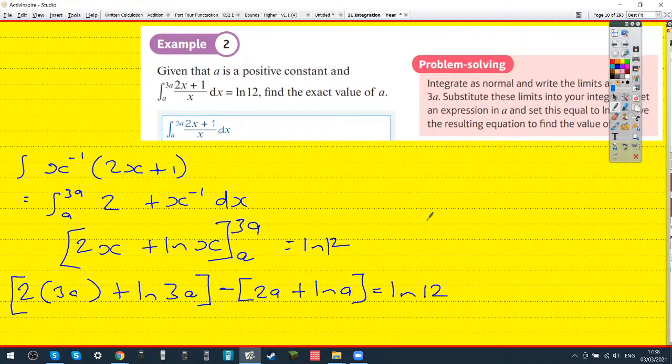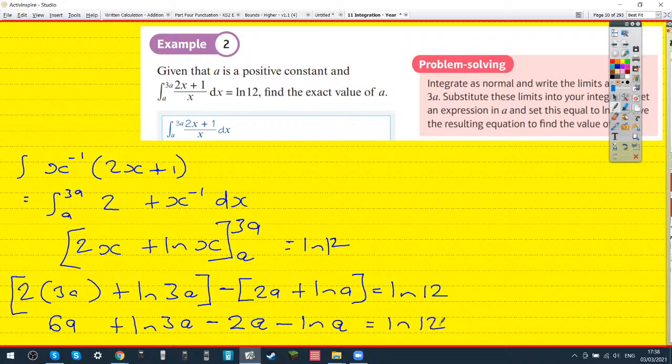Don't want the exact value of a. How do we do it? Expand the brackets. So 6a plus ln 3a minus 2a minus ln a equals ln 12.